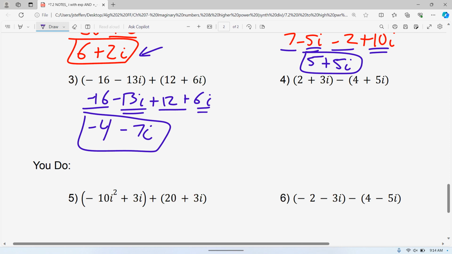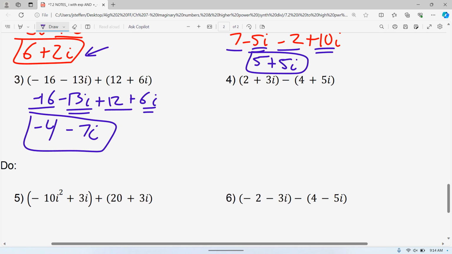Okay. Number 4 is the hard one. And when I say hard, it's not really that bad. There's just one thing you have to remember. If you have subtraction, that subtraction needs to be distributed to both of those. The thing that people miss with this all the time is they say 2 minus 4 is negative 2, which is correct. But then they say 3 and 5 is 8. That's not right.